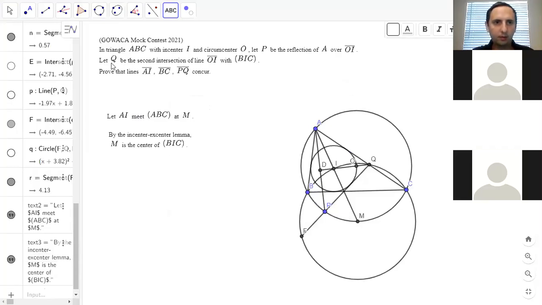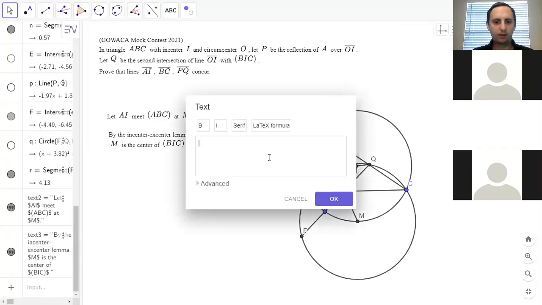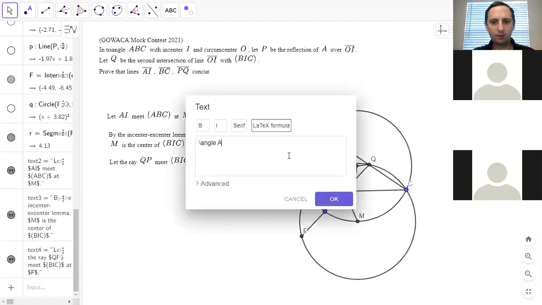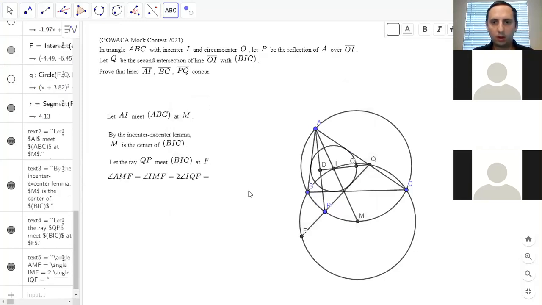And then let the ray QP meet the circle BIC at F. And then we could do the angle chase. So we have angle AMF equals angle IMF, which is equal to twice angle IQF, which is equal to angle AQF.